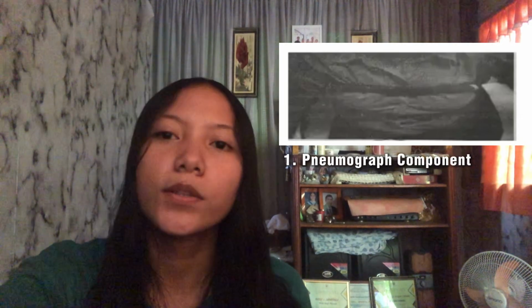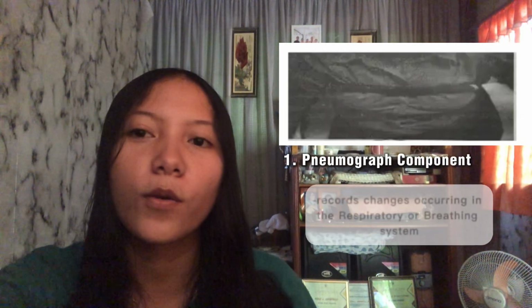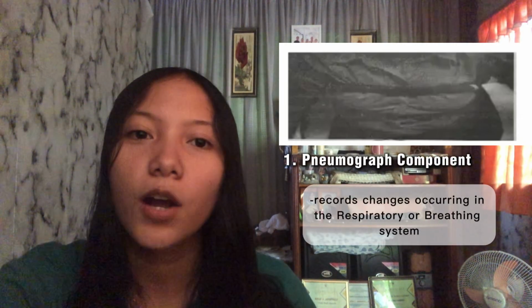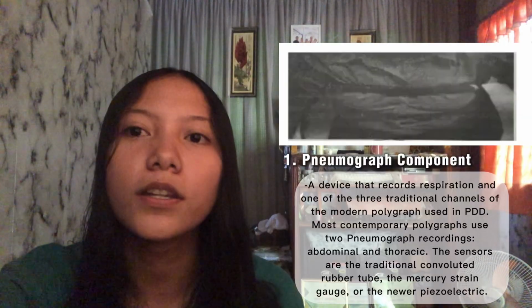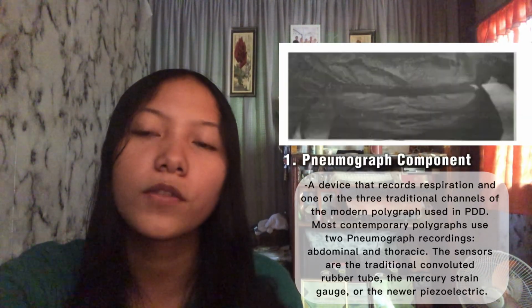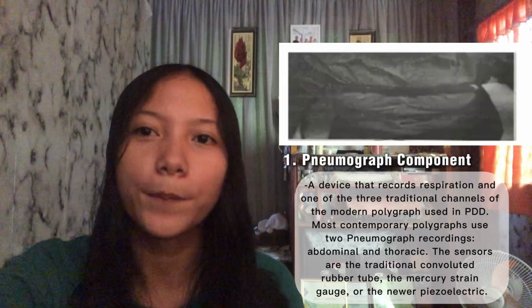So we have the nomograph component. This component records changes occurring in the respiratory or our breathing system. So the nomograph is a device that records respiration and one of the three traditional channels of the modern polygraph used in PDD.